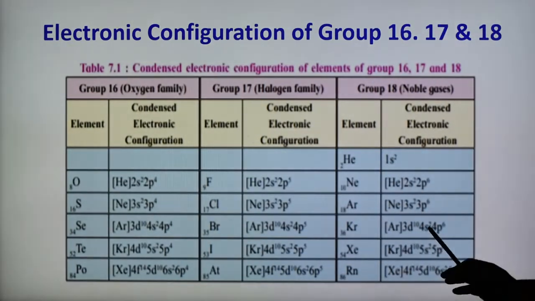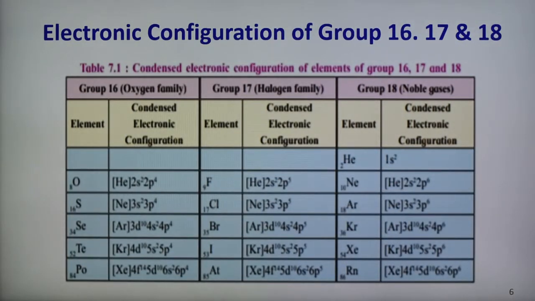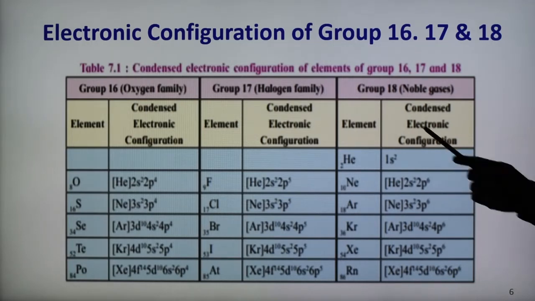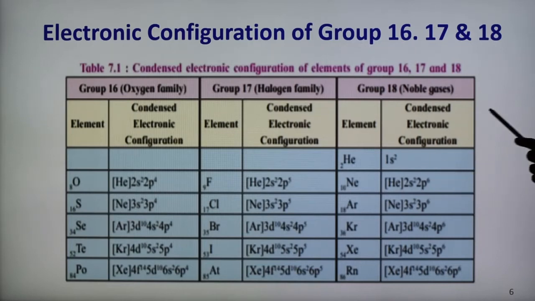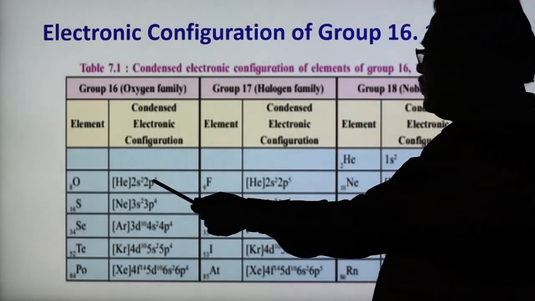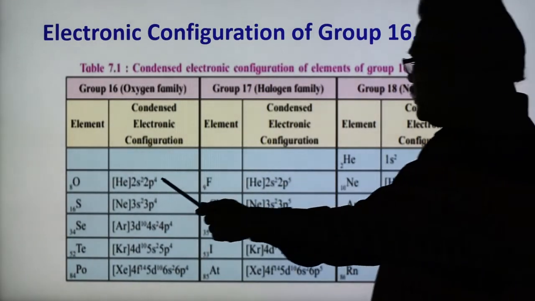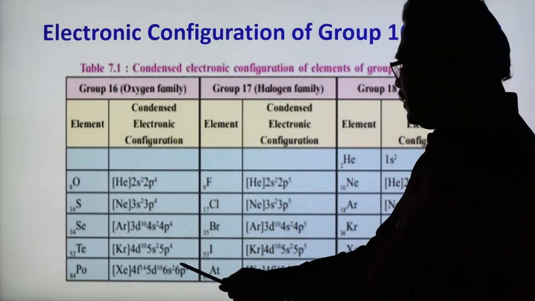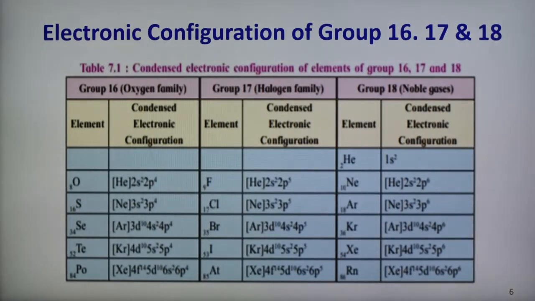As we know, in group number 16, the outer electronic configuration of the valence shell, or general electronic configuration, is ns2 np4. In group number 17, ns2 np5. In group number 18, ns2 np6. So in the valence shell, the last electron goes to the p orbital in all the elements: here 4 electrons are present in the p orbital, here 5 electrons, and here 6 electrons.